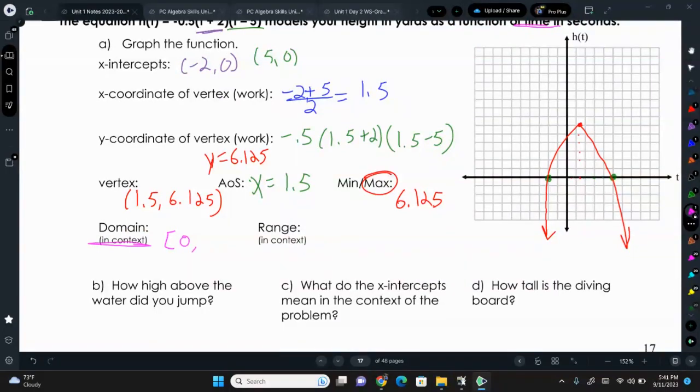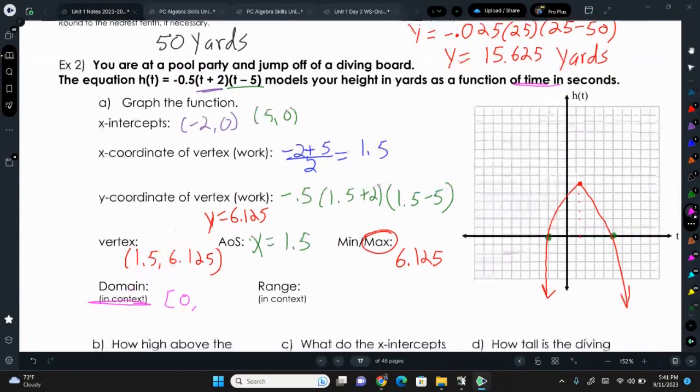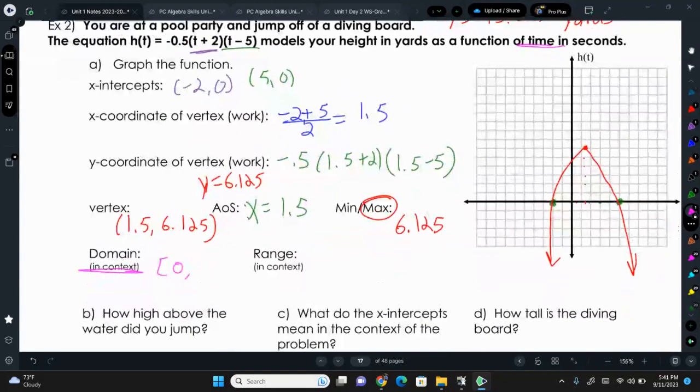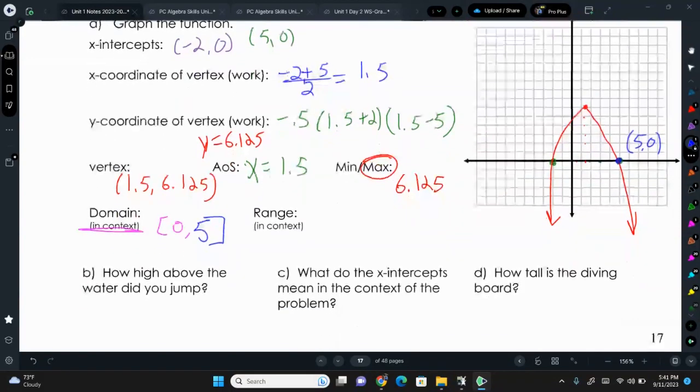And then when does the problem end? The problem ends when we hit the water. So right here at 5, 0, that is when the problem ends. So that means 5 is the upper limit for the domain.